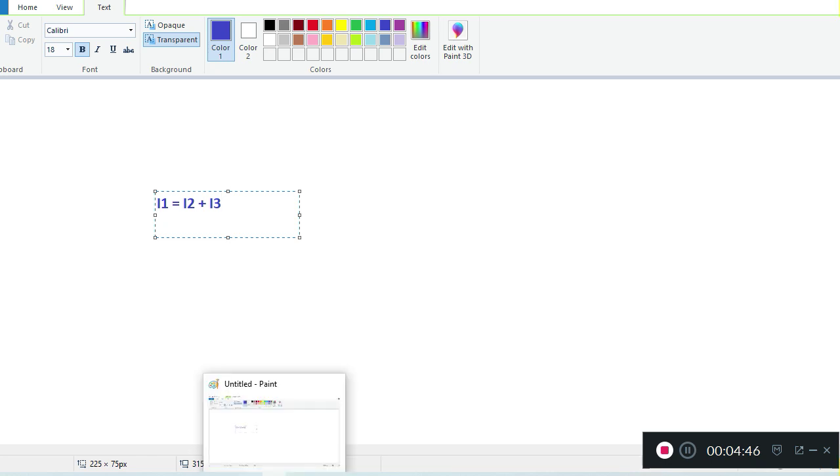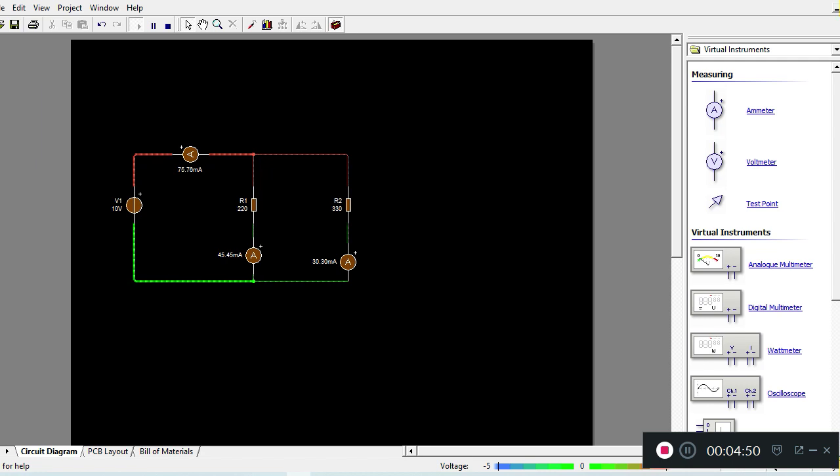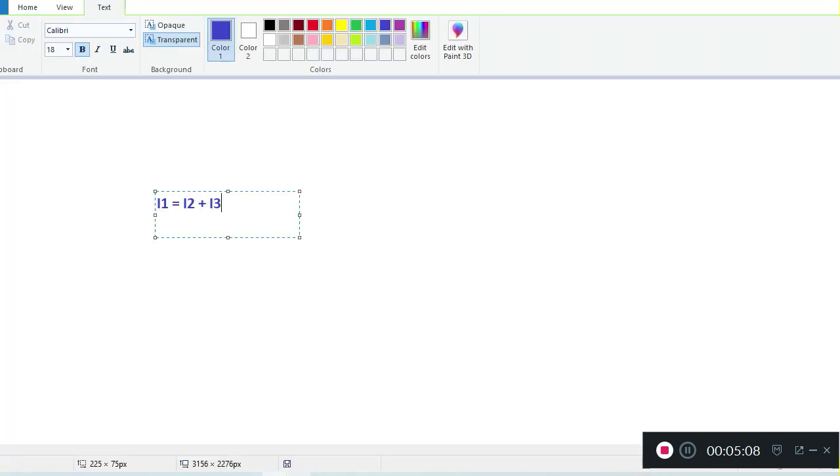Okay, so why am I saying that? Because you can see that the current over here is flowing here, and then also is flowing here. So you can see that I1 is being divided into I2, which is this part, and then it's also being divided into I3, which is this particular part. So this will be our first equation.